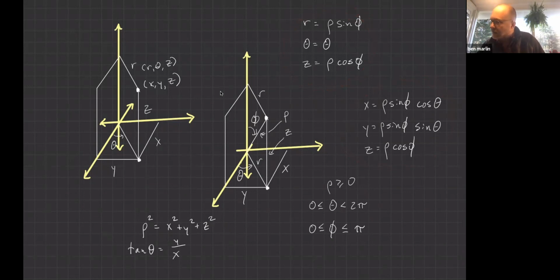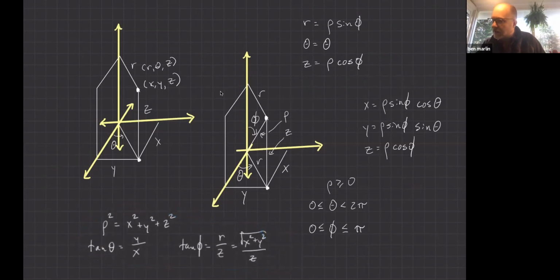And when I do that, because I would have a tangent of phi, I would then have r over z, or the square root of x squared plus y squared over z. And all that stuff got a little bit too scrunched up in there.